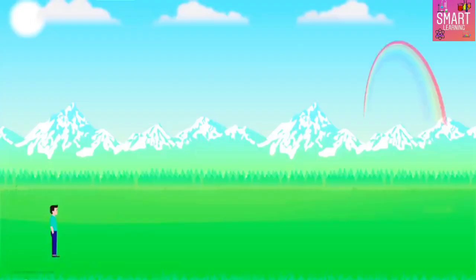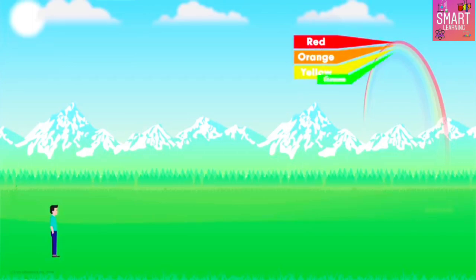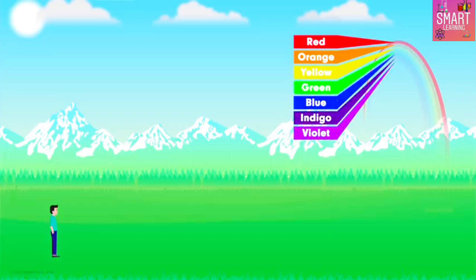First of all, suppose that we are looking up at a rainbow from some point on the surface of the earth. We see the colors of the rainbow in order: red, orange, yellow, green, blue, indigo and violet from top to bottom.